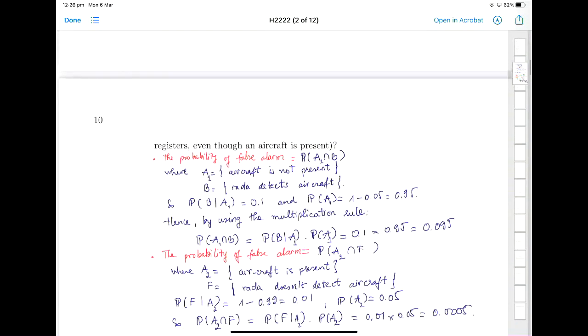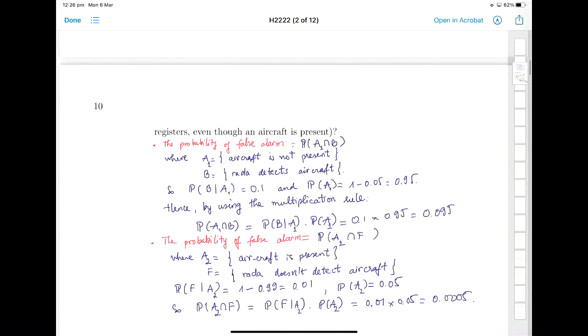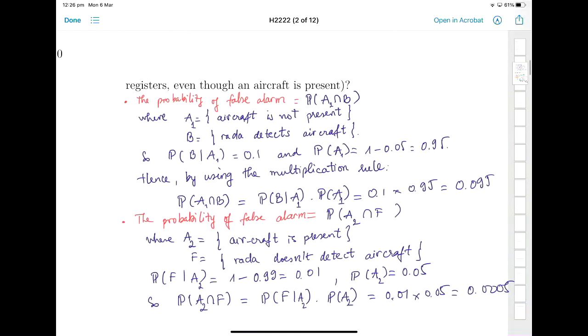Misdetection means that an aircraft is present, but the radar doesn't detect the aircraft, right? So I put A2 is the aircraft is present and F is the radar doesn't detect the aircraft, then I need to compute the probability of A2 intersect with F.